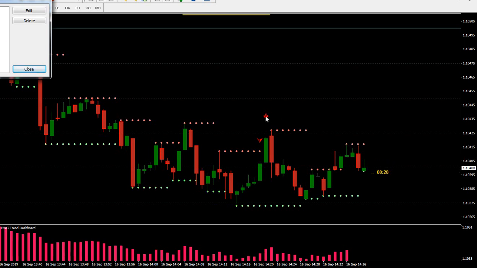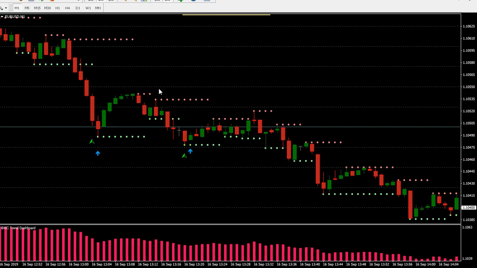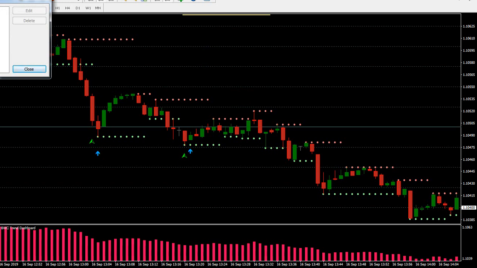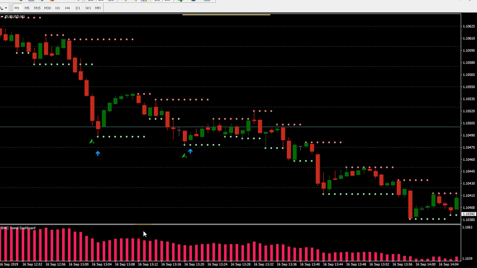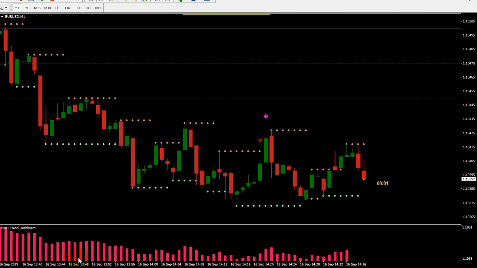The Binary Ninja itself, the magenta and the blue arrows. This is the main arrow, and we have the support and resistance. We have these horizontal lines that do not rearrange themselves in any way, and the trend dashboard down here. Okay, that's all we got, guys.